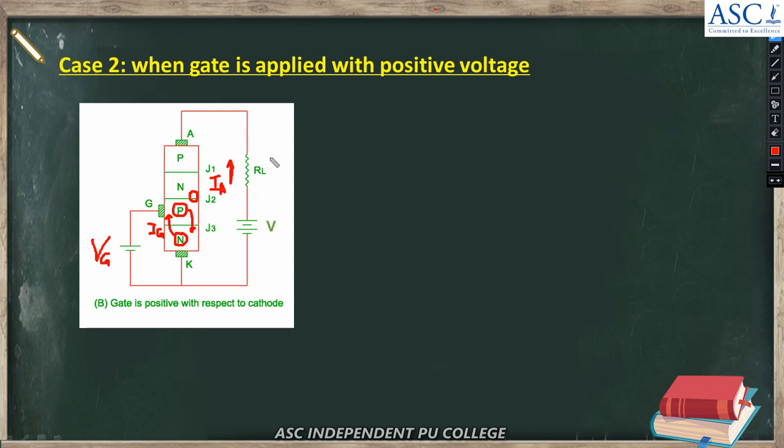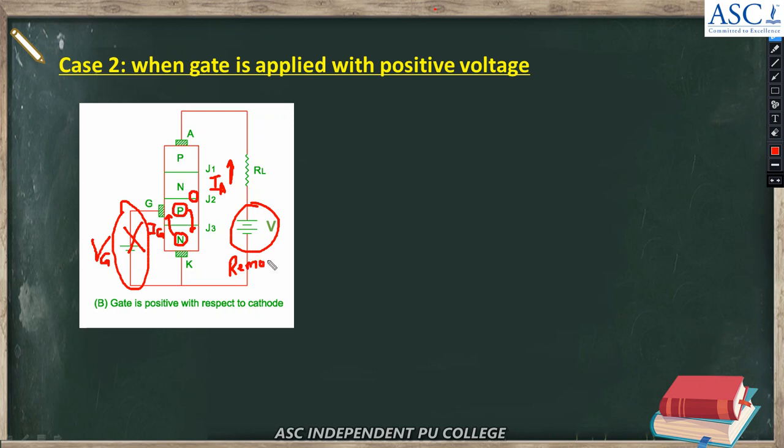Once SCR starts conducting, the gate terminal loses its control. So when the gate loses its control, the conduction does not stop at all. If you want to stop the conduction, we have to remove the voltage applied between anode as well as cathode.